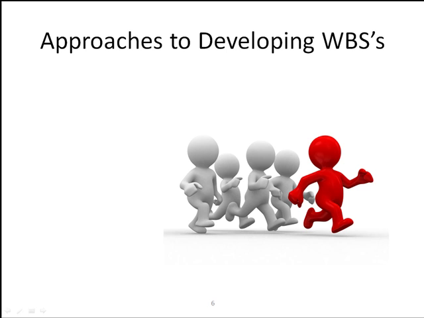There's different approaches to developing work breakdown structures. Some organizations, like the Department of Defense, provide guidelines for preparing work breakdown structures. The first one, the analogy approach. This is where you review similar work breakdown structures of similar projects and then tailor those to your project. So you use the analogy approach.